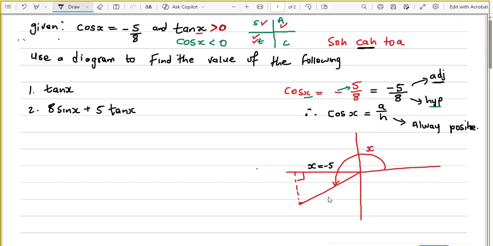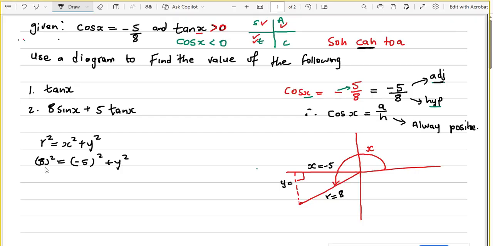The hypotenuse, which is r, is equal to 8. What's next? To find the y. How do we find the y? Theorem of Pythagoras. So r squared is equal to x squared plus y squared. We are looking for that y. The r is 8 and x is -5.